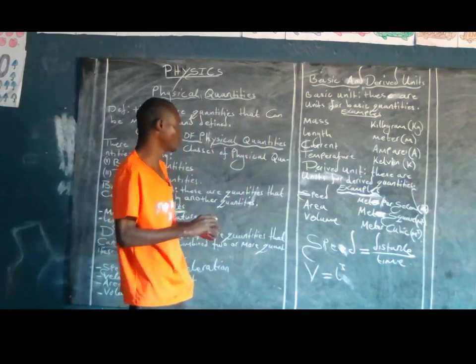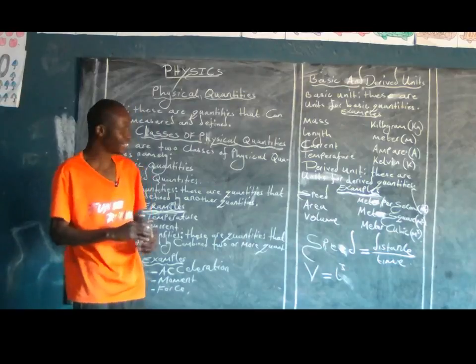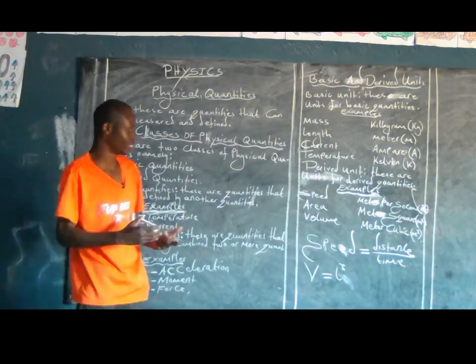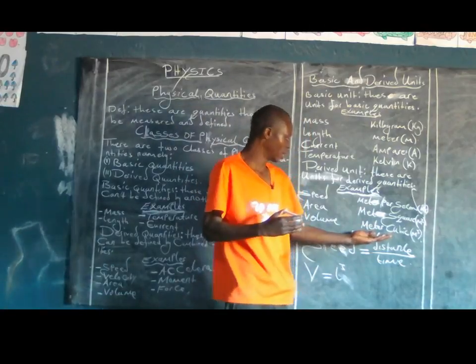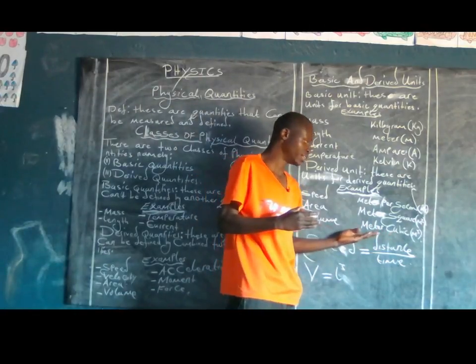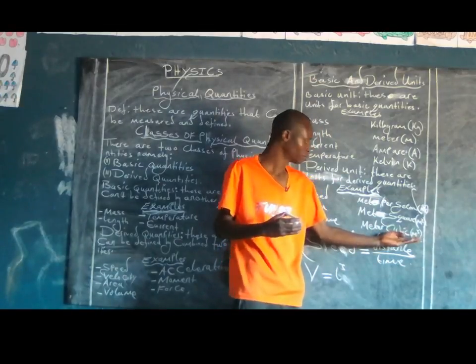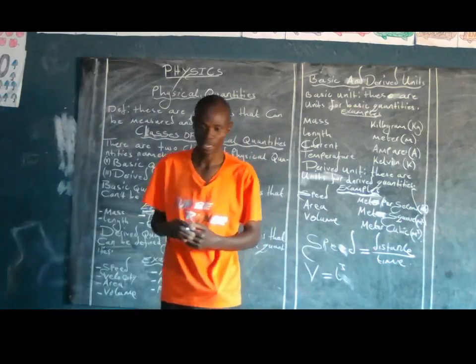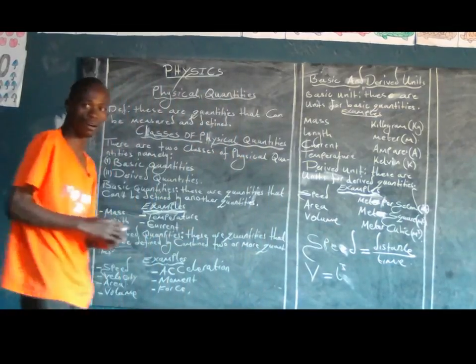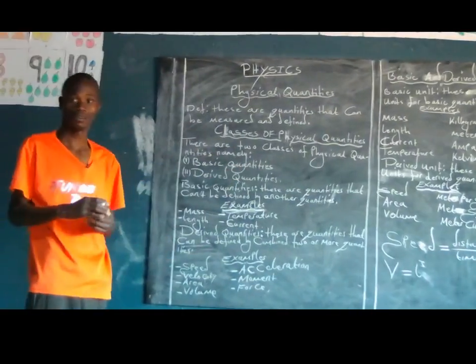Then apart from this, we can also have volume. Volume is a derived quantity, and its unit is meter cubed or cubic meter. In symbol form, we say m cubed.